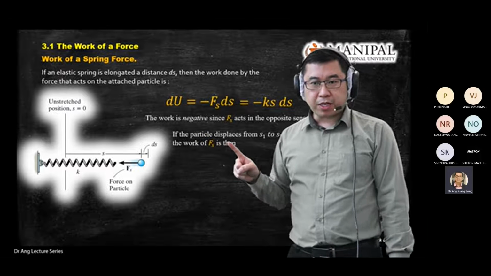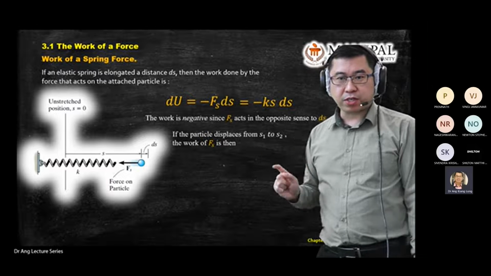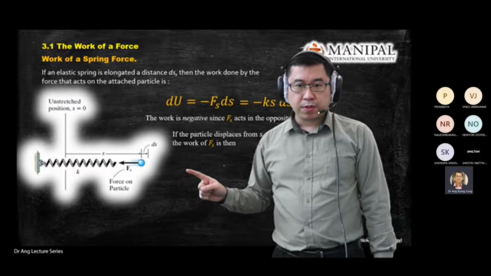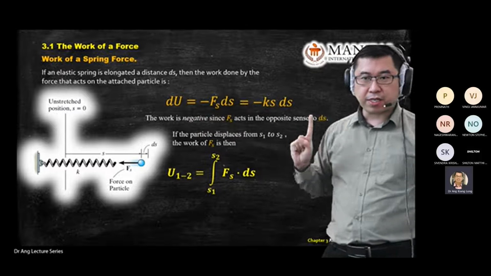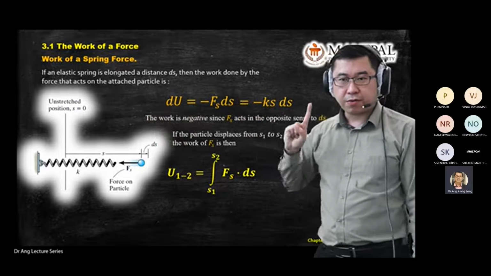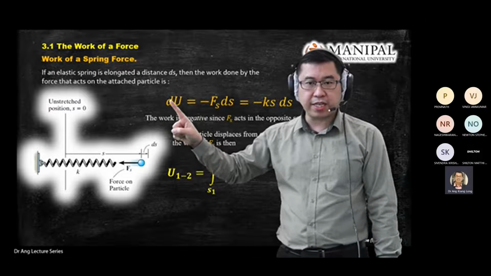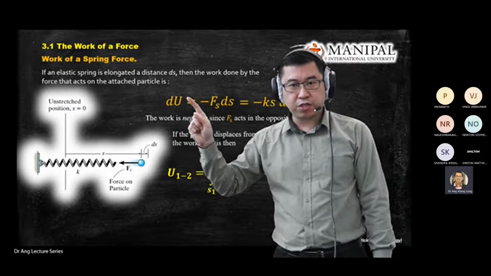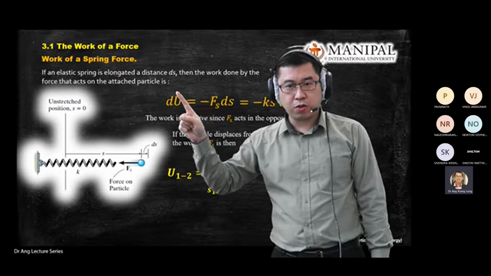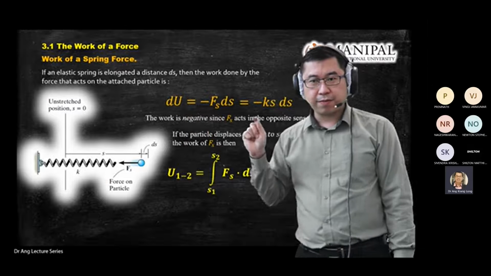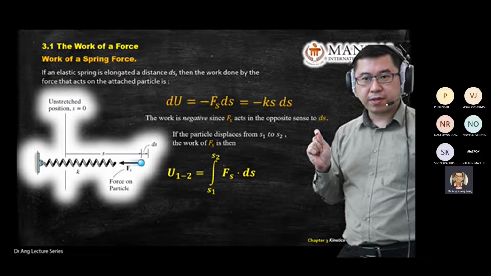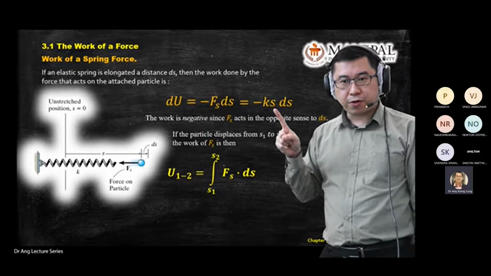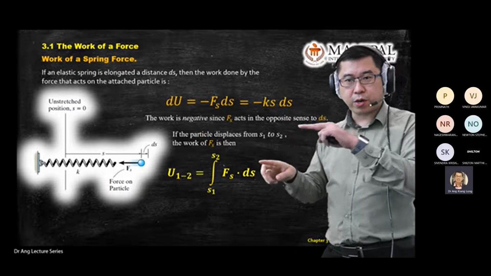So if the particle displaces from S1 to S2, the work that you do, because this equation uses d, which means very small changes of work, and ds means very small distance traveled by the force. Force and the distance, you create work.